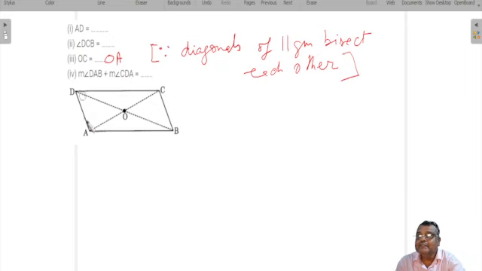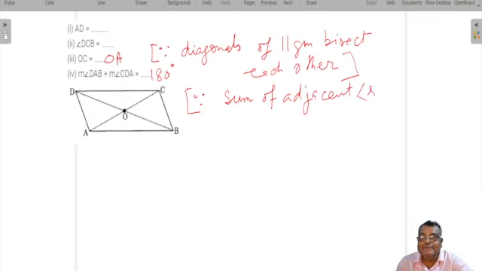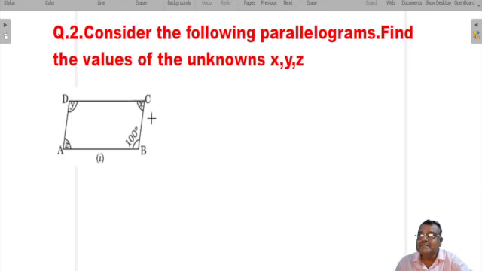This angle plus this angle is equal to 180 degrees. क्यों? Because the sum of adjacent angles is supplementary, 180 degrees. Let us see the next question.